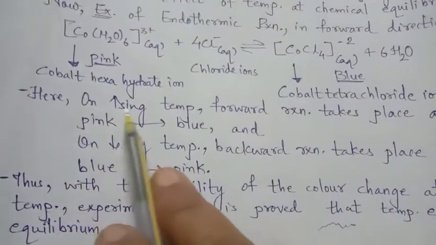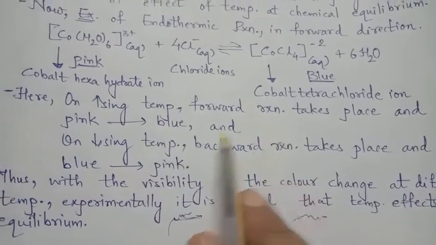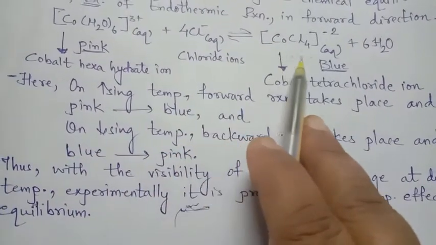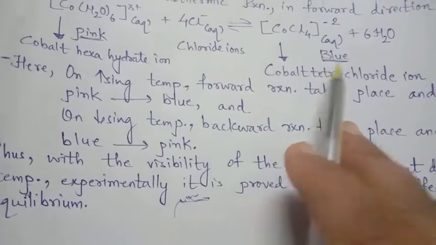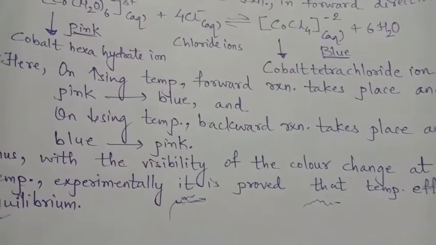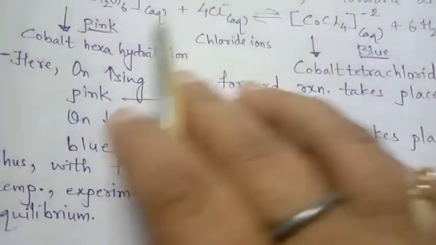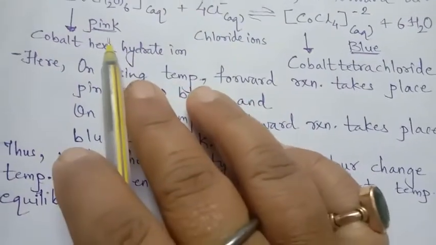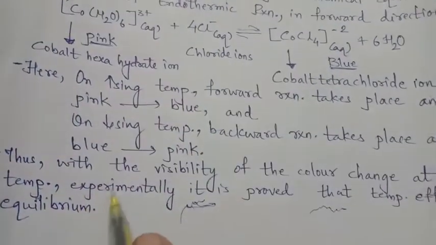Now here, on increasing temperature, the forward reaction takes place and the pink color, on reacting with chloride ion, converts to blue color. And if the temperature is decreased, then the reaction goes in the backward direction. So the blue color will slowly and gradually turn to pink color.